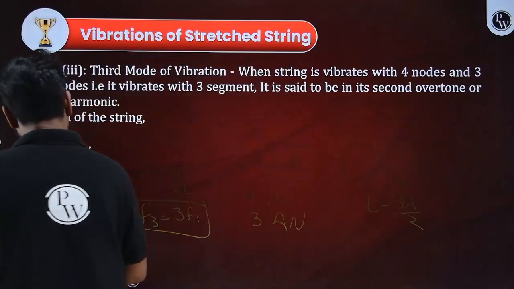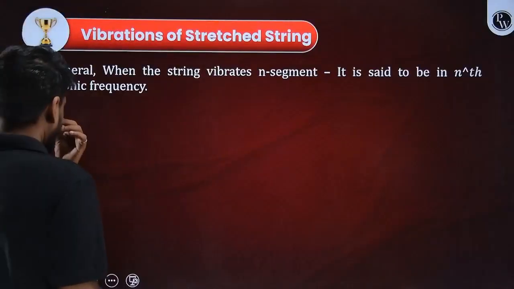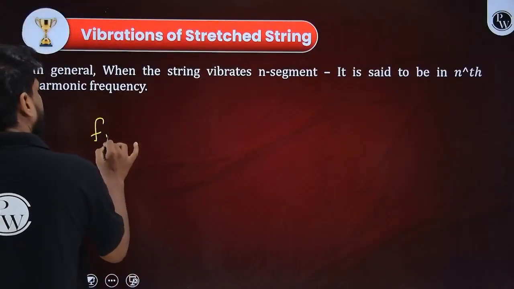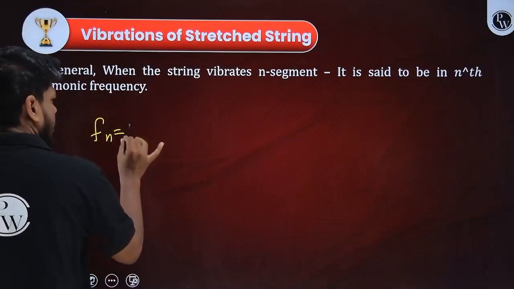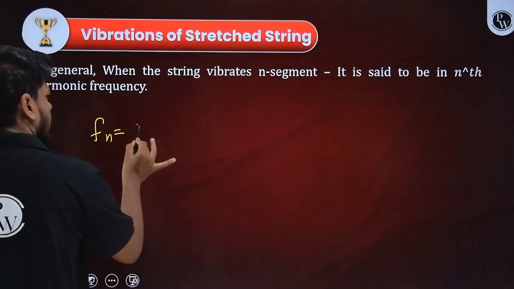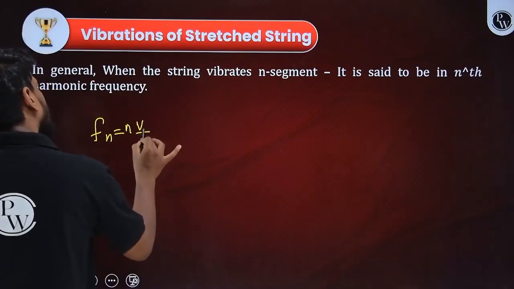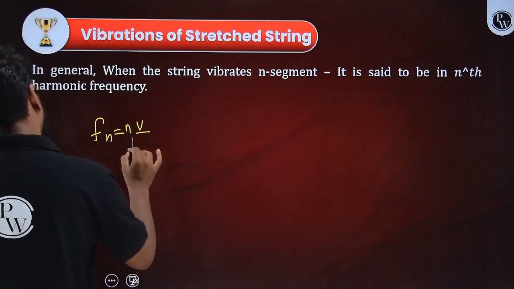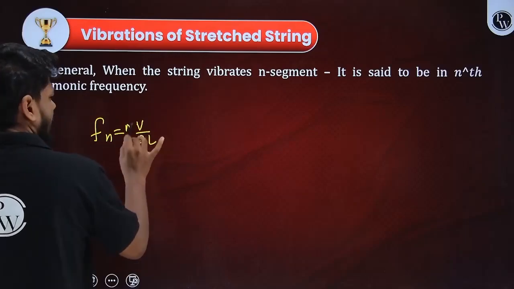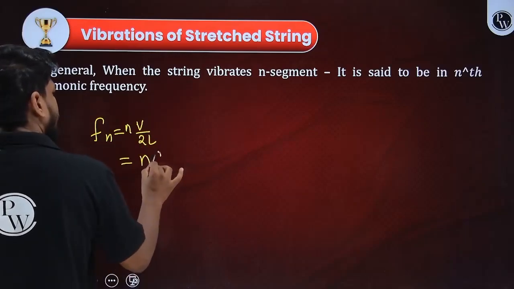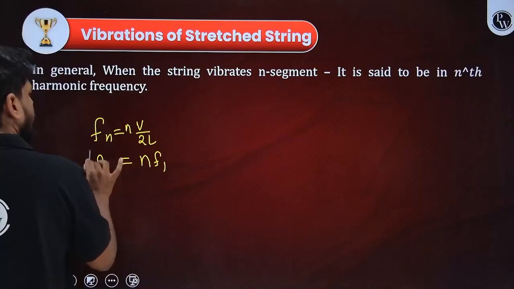So for the general case, how can I write it? My frequency is going to be N into V by 2L. Can I write this as N times F1? So my nth frequency is equal to this.